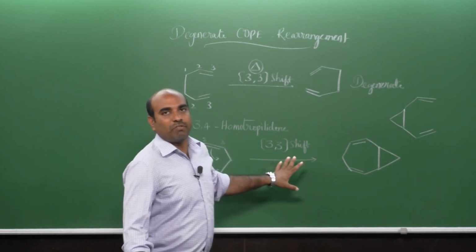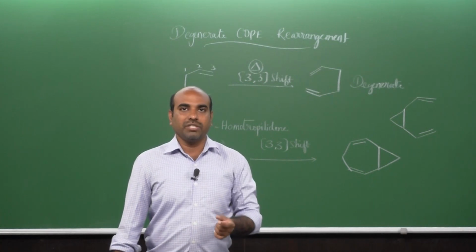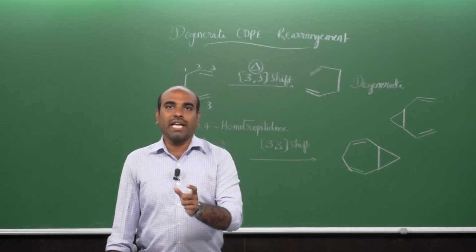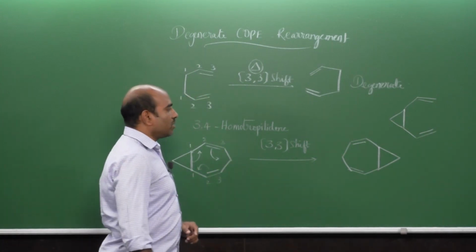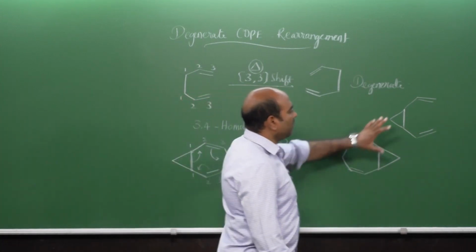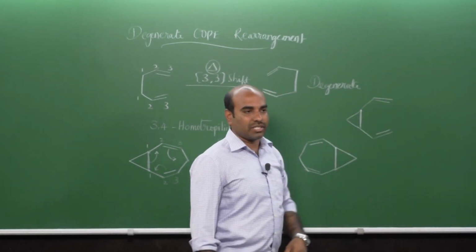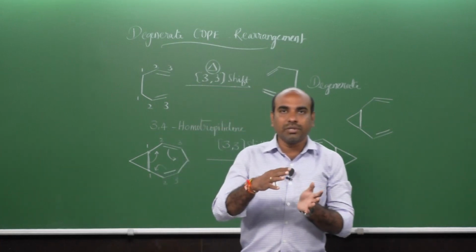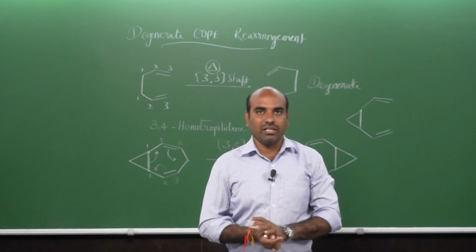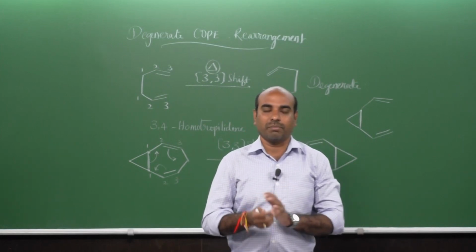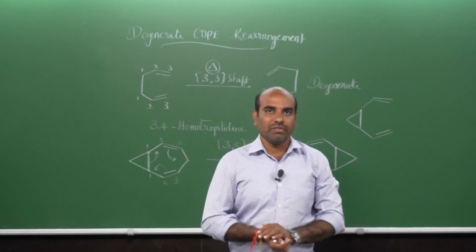Rather, this type of molecule prefers to undergo the 3,3 sigmatropic rearrangement via a boat-like transition state. The reason is that via the chair-like transition state, it would give a 7-membered ring with the double bonds in trans conformations, which increases the instability of the molecule.